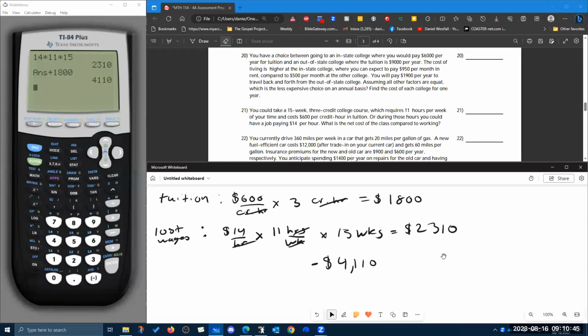So consider that there are other factors here. Don't look at this problem and say, oh, that means I should just keep working and not go to school. Sometimes that's the right choice for certain people, but you need to evaluate all the factors. If you want to get to a certain level and you have to get a college degree to get there, then that's just part of the cost of having that job.